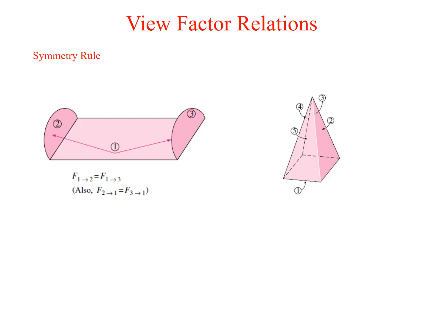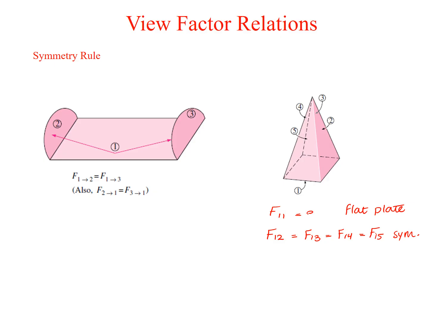F11 is equal to 0 because it's a flat plate, right? I know that F12 should be equal to F13, should be equal to F14, and that should be equal to F15 because of symmetry. So this is because of flat plate, and this is symmetry.